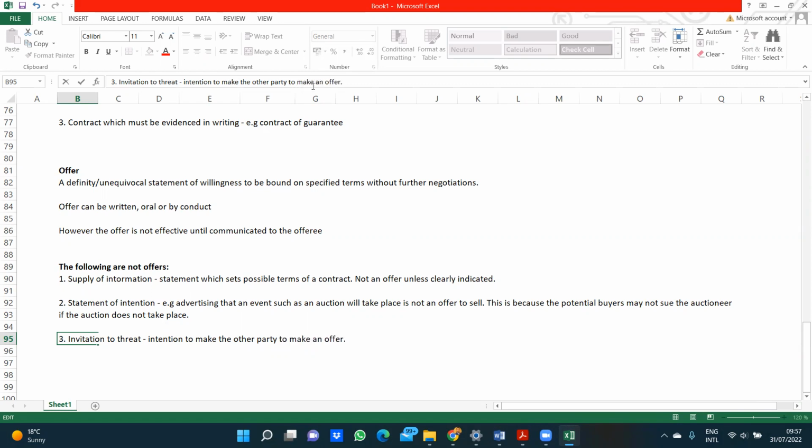All right. Example, for example, we have auction sales, advertisement, or advertisement exhibition of goods for sale, and invitation for tenders.